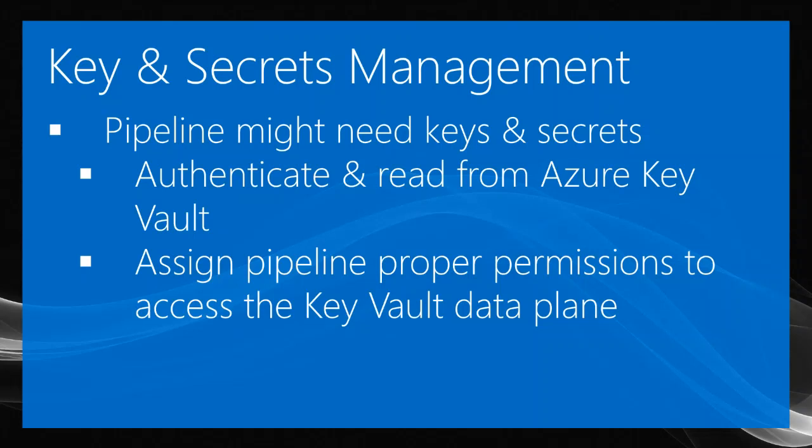And then this is normally also stored in the Azure platform in some key vault, for instance. And then you can authenticate the pipeline against the key vault and get access to all of those secrets as well. So they're safely stored in the Azure platform. You have proper permissions designed so that the pipeline can actually access the secrets and keys it needs, and nothing else.